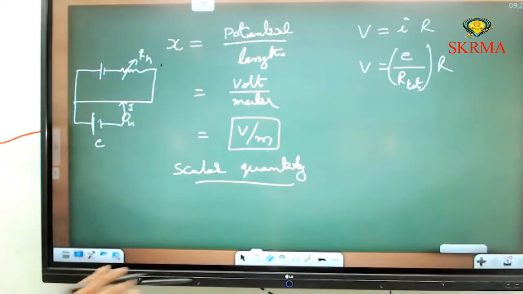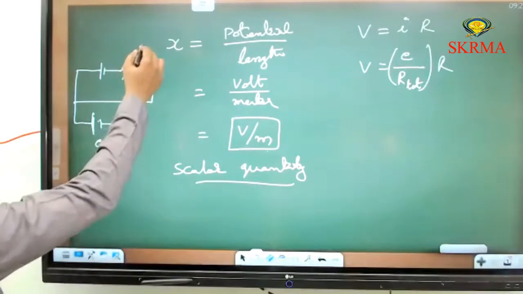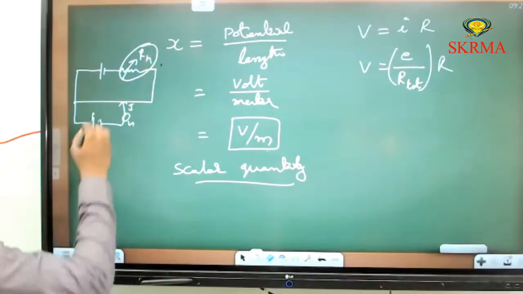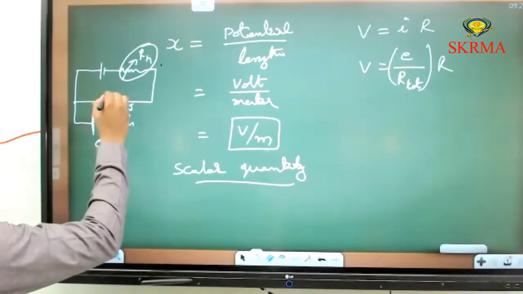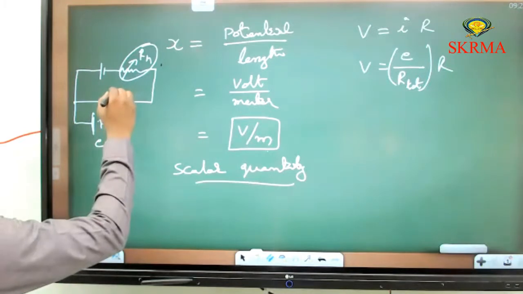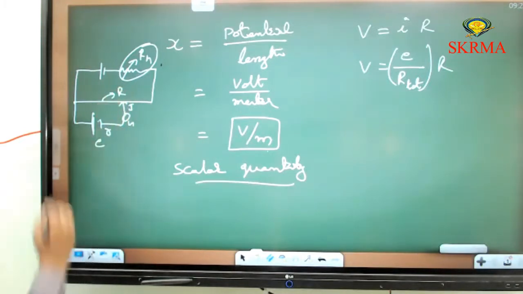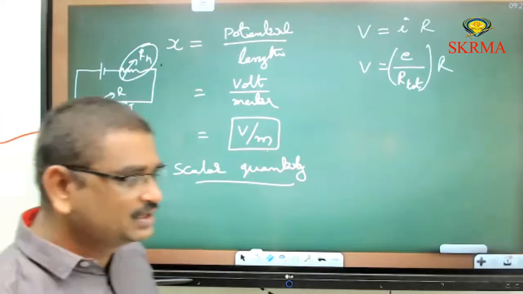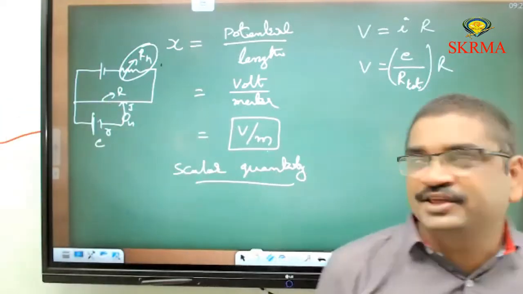Three different resistors are there. One is a rheostat, and the wire has resistance, let it be capital R, and this cell has internal resistance small r. So these are the resistances in the circuit.